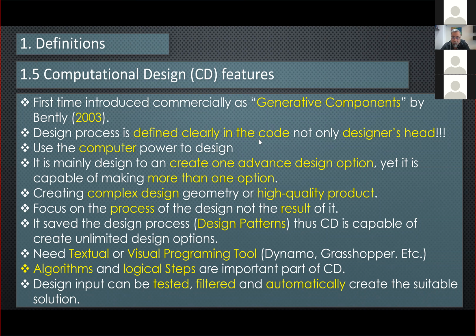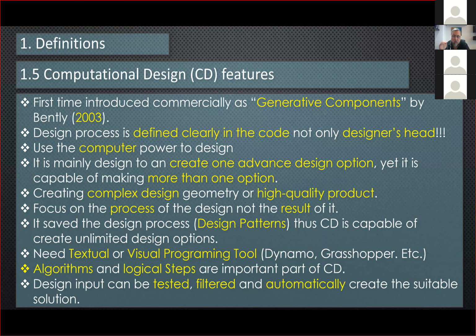This is a really important line here. Of course, it needs to be done in a computer. The main design is created in one advanced design option, and usually it can lead to unlimited design options. When you say unlimited design options, or thousands and even tens of thousands of options, this time we are going to a level higher than computational design, and we reach something we call generative design.